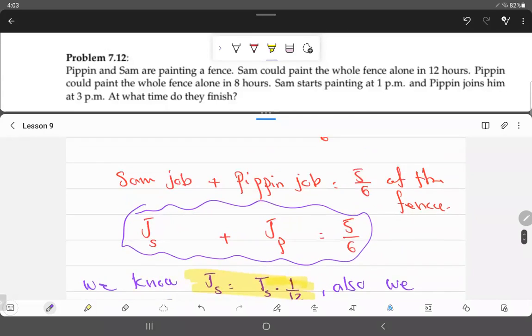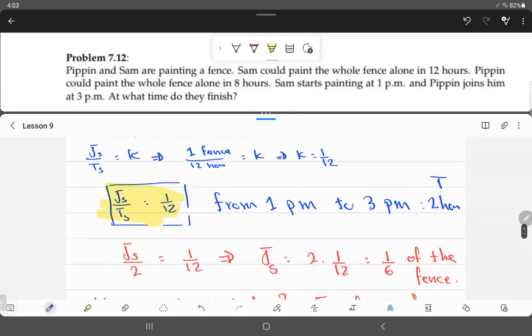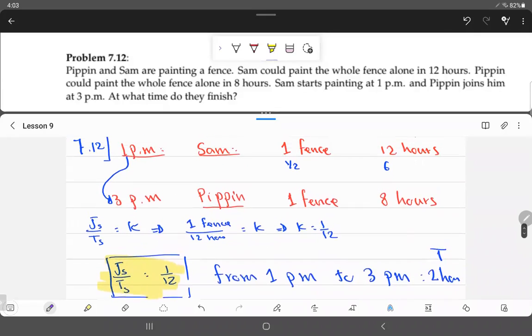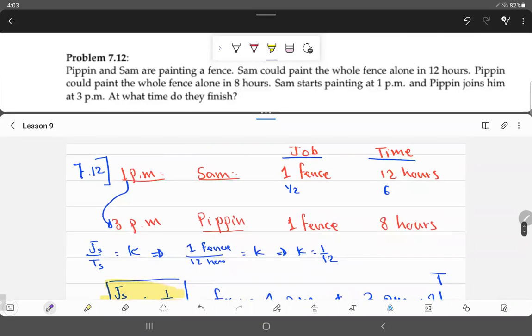Let me quickly repeat, please. We have one job. Sam can finish the job in 12 hours and Pippin can finish that job in 8 hours. First of all, we understood the relationship. We need to understand, is it direct relation or inverse relation? So that's why we took examples.